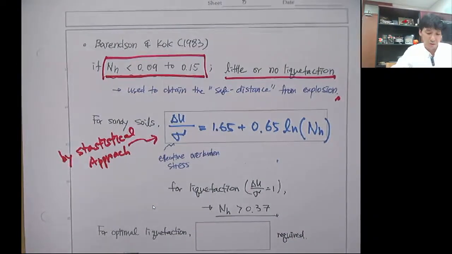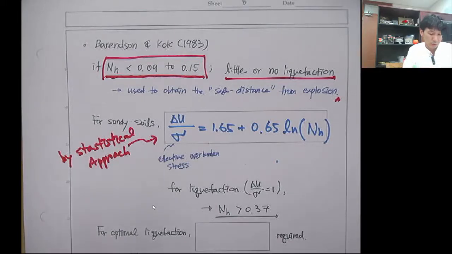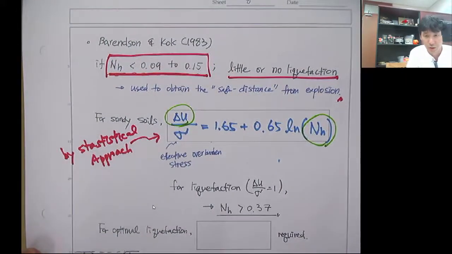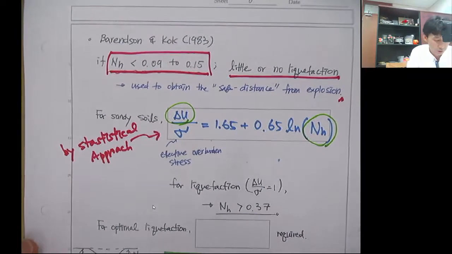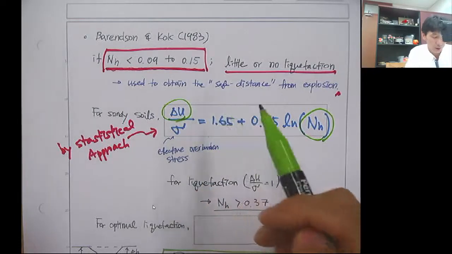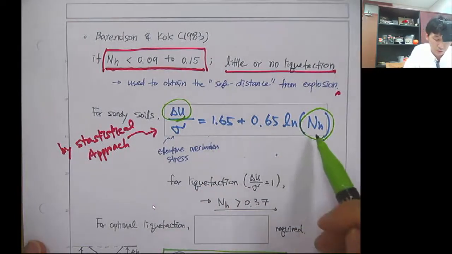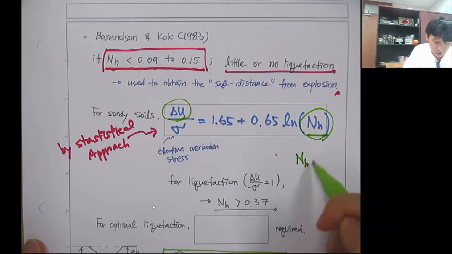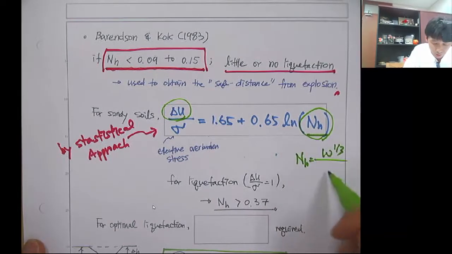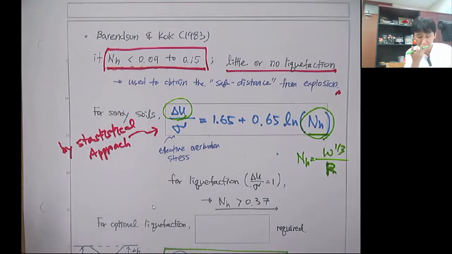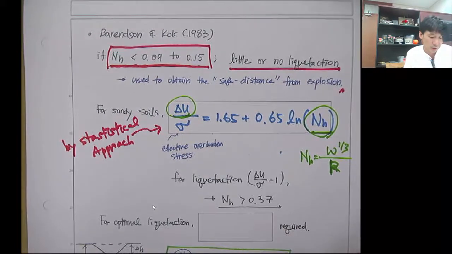You can see that when you know the NH, then you can calculate the delta U from this relation. Or if there's a level of delta U that you have to achieve, then you can calculate the NH, and the NH is a function of W and R, so you can determine the R and the W, the weight of the explosive, when you design it.